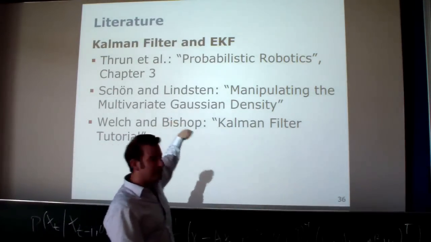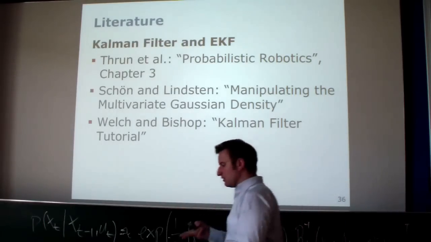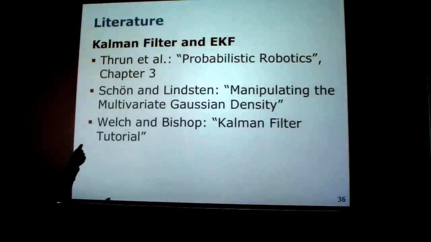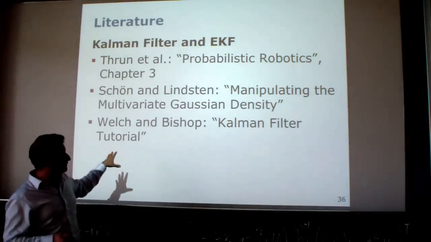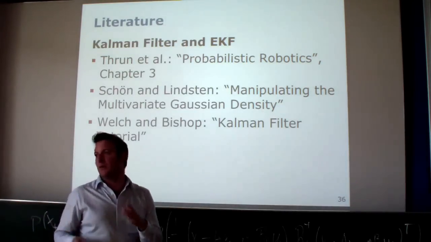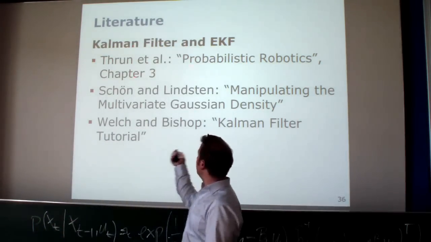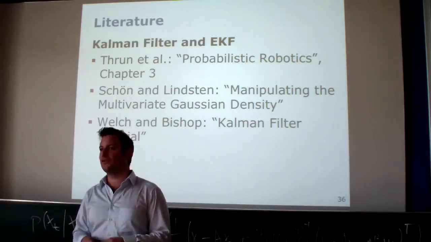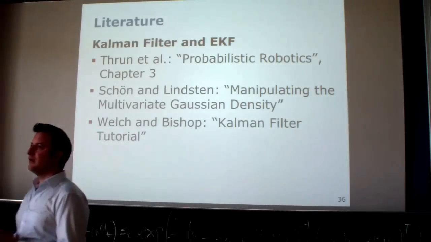It nicely shows, based on marginalization, conditioning and affine transformations, why you end up exactly in this form of the Kalman filter. There's also a Kalman filter tutorial by Walter Bischoff, which is nice to read if you want more detail. I used the probabilistic robotics book to make the slides, so all the notation should be consistent with the book.